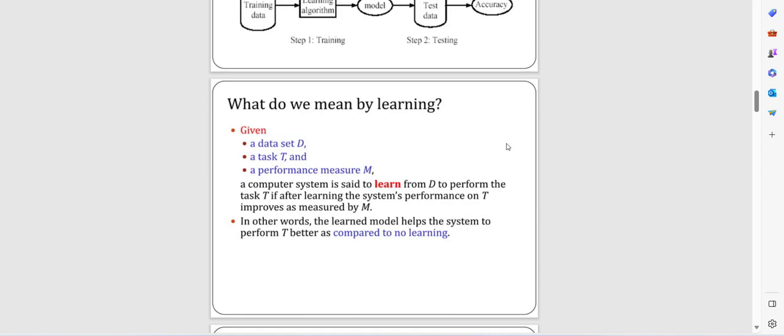Okay, what do we mean by learning? It is when we extract the features. Computer is like a child: you show pictures of a cat to the child and tell the child, okay, this is a cat. After that you show pictures and say, okay, this is a dog.